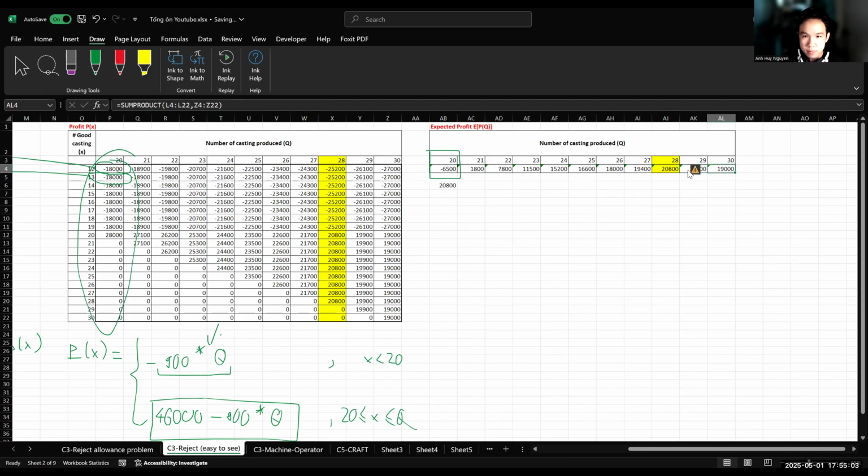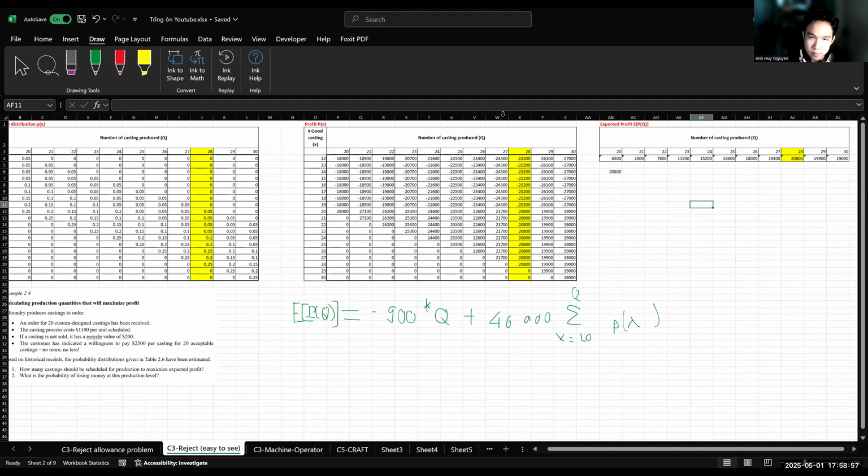And we can see that the maximum expected profit will be achieved when we produce 28 casting, okay? So this will be the optimum number of casting we should schedule to produce. So that was how the Excel calculates the expected profit.